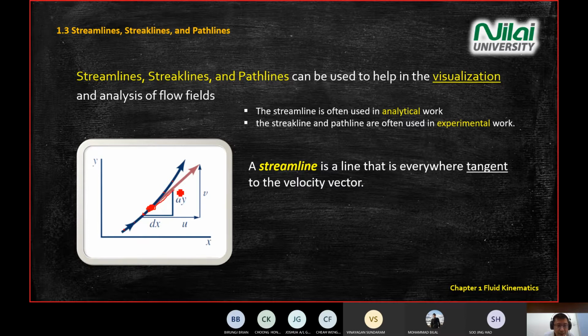This dot has a vector tangent to the curve. When you focus on another dot, there's another tangent vector here, and another here, and another here. So streamline actually is a combination of the velocity vectors.